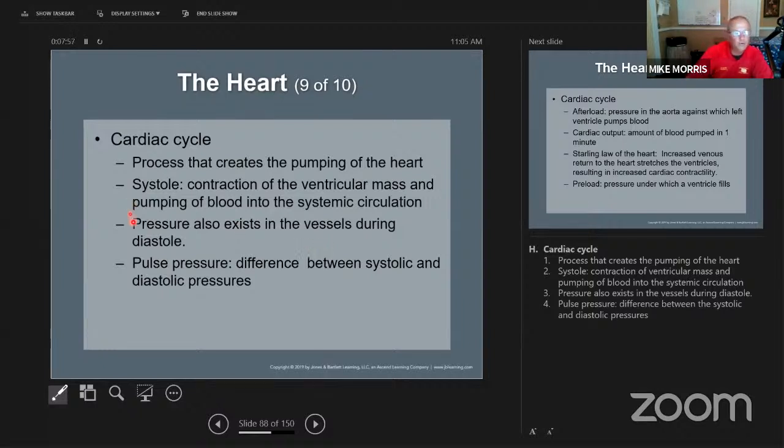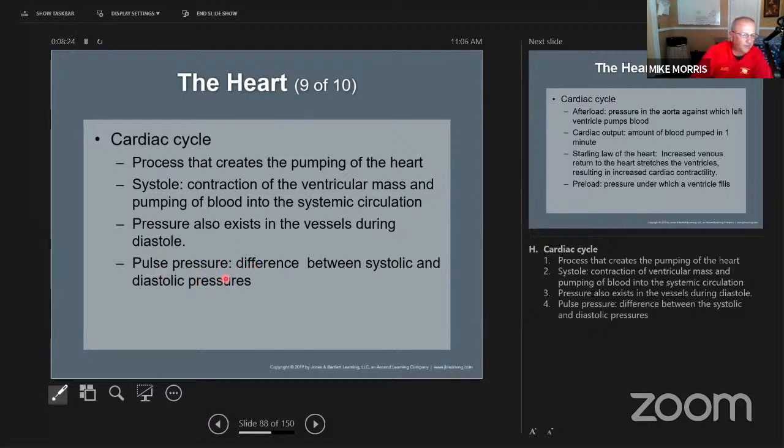Then there also has to be that pressure that exists in the vessels during diastole. We've talked about that in EMT school, it's the amount of pressure to keep those vessels open, and we associated that with afterload in the past.